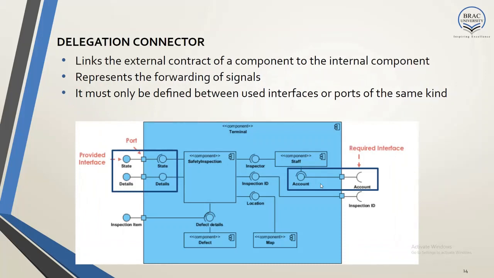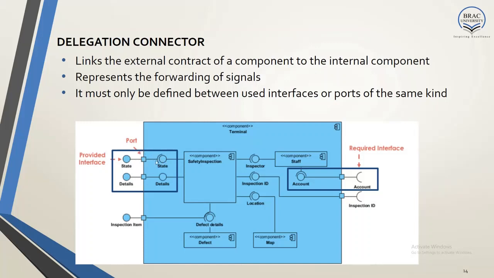And for the delegation connector, this is how an interface is exposed to its external environment through the port. Basically, the connector forwards the signal from the internal component to the external one through a port.